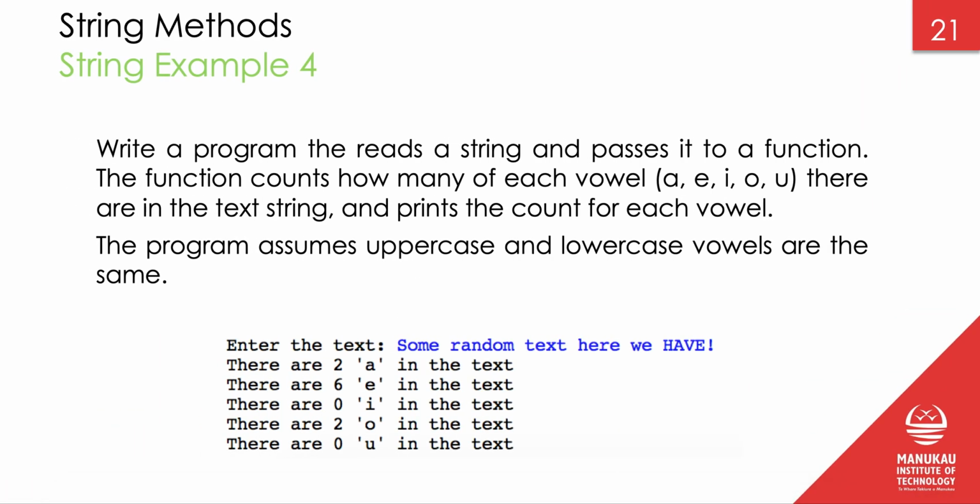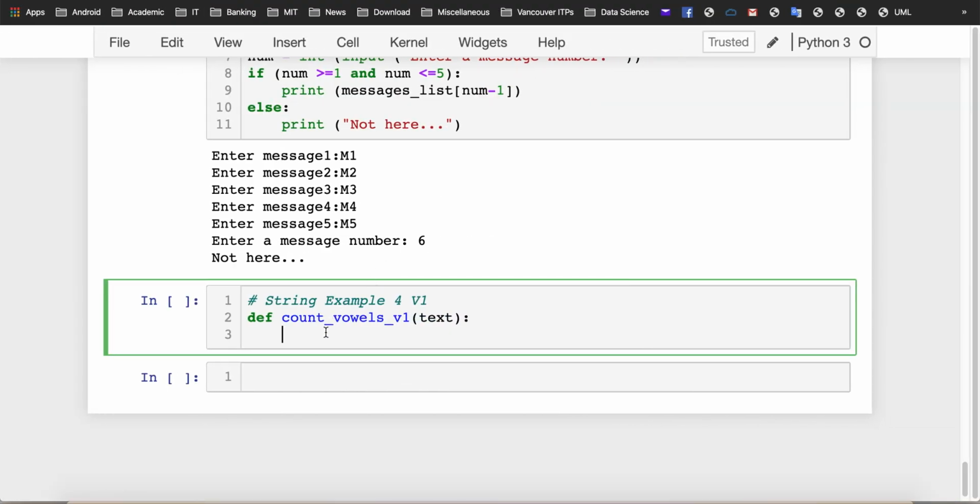The first thing is that the program should consider all uppercase and lowercase characters the same. So we can either use text.lower() to convert them to lowercase and store it in another variable, or we can just use it when we process the text.